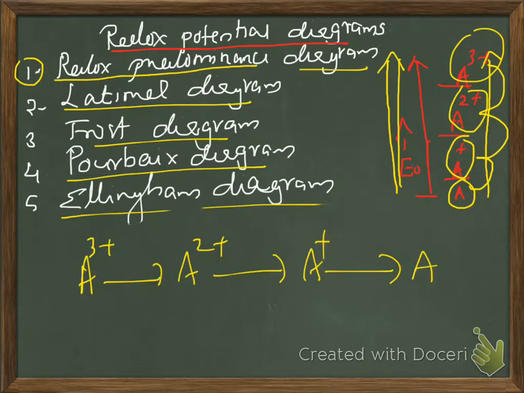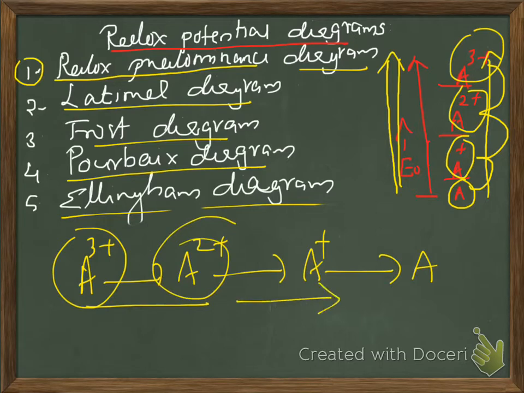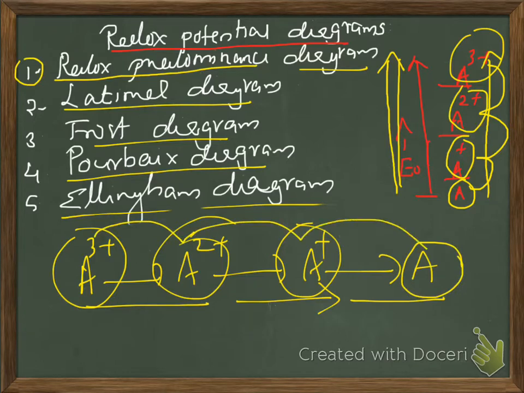Suppose A is the element and A is expected to have oxidation numbers of plus 1, plus 2 and plus 3. Then we can write A3 plus at first, then to the right A2 plus, then again towards the right A plus, and finally at the extreme right we have A. Oxidation number decreases from left to right.